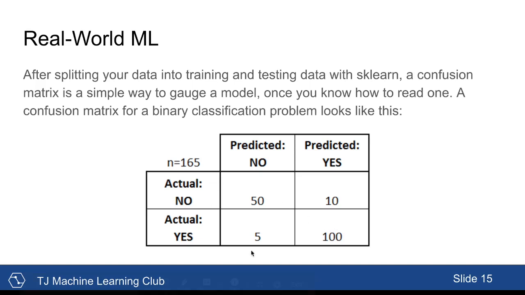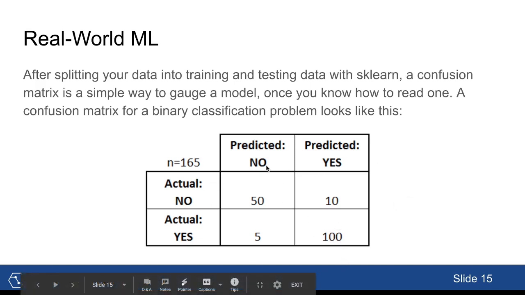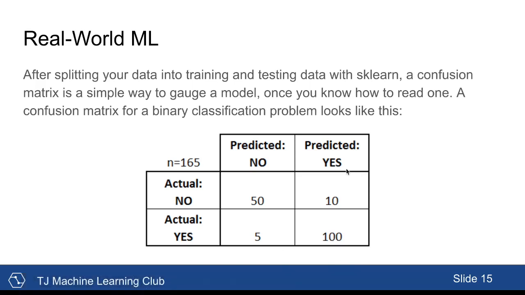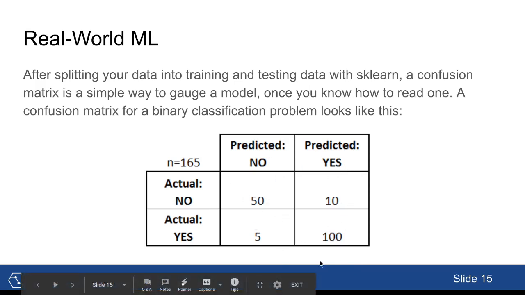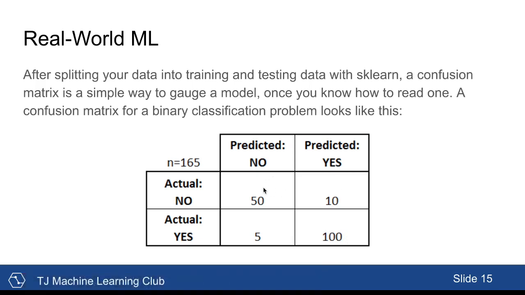If you just look at the accuracy here, it seems pretty high, but a lot of the times your accuracy itself can be misleading. So it's important to use a classification or confusion matrix to determine how accurate it is at predicting real yeses or real nos and things like that.